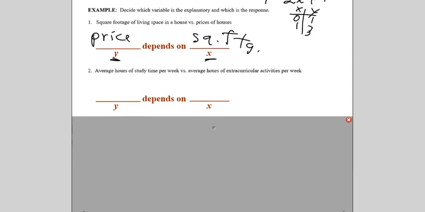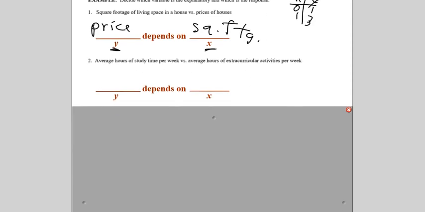Number 2. Average hours of study time per week versus average hours of extracurricular activities per week. This one's interesting because actually you could argue it either way. It depends on how you're looking at it. If you're looking at extracurricular activities as just being something outside of school, like hanging out with friends, you probably want to get your homework done first, then hang out with your friends.